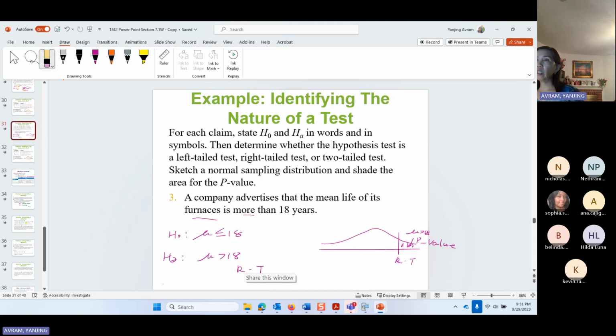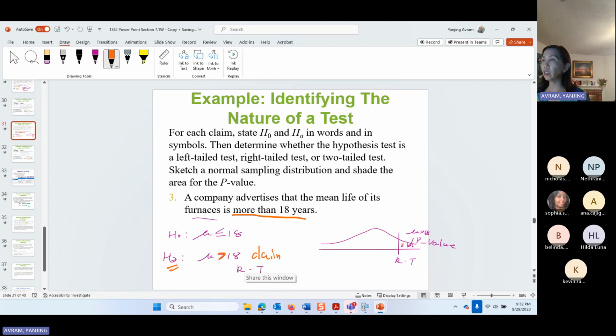All right, so look at this one right here. The company advertised that the mean life of its furniture is more than 18 years. So more than is greater than. This is also called a claim. My claim here is in the alternative one, because that's what the question tells us.